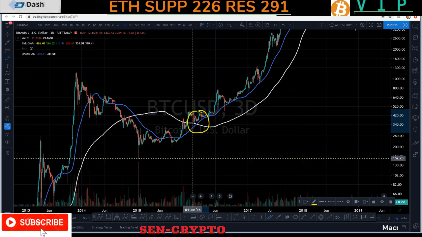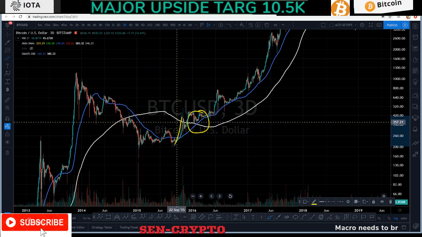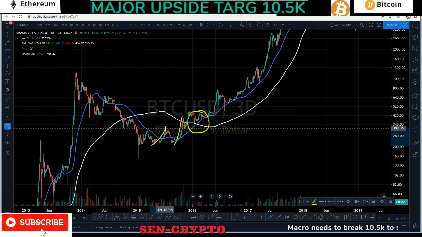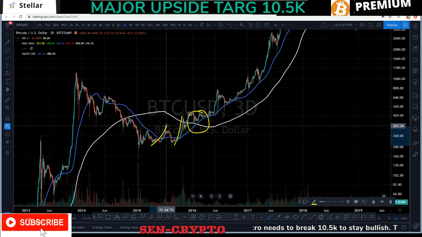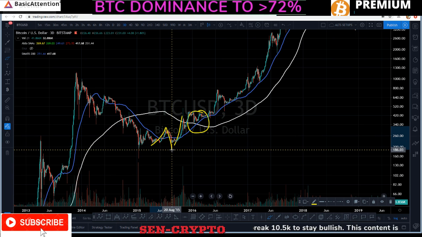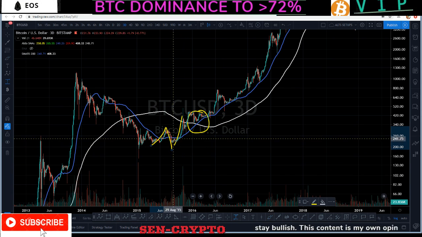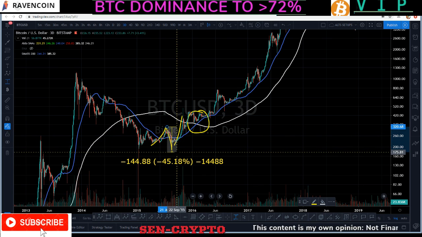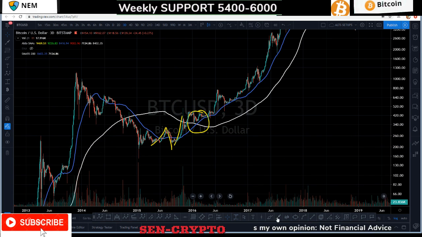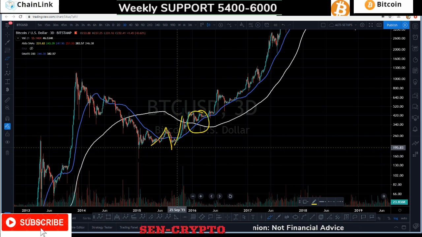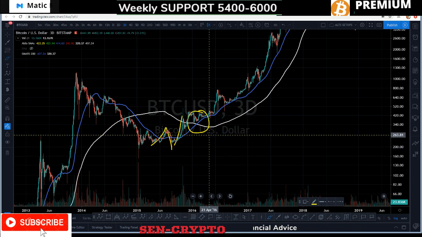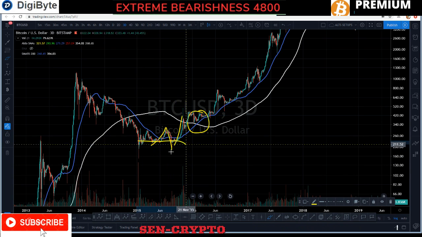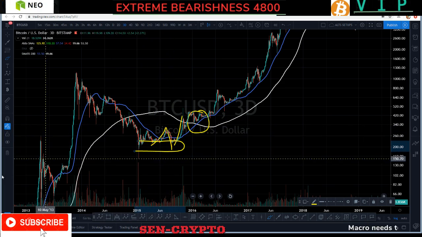That's very important, okay? Even though we pumped to the upside, we got the golden cross right here on the daily, and then we dropped back down almost 40%. But if you just paid attention to the 3 day chart, you wouldn't do anything. You'd just be buying the dip, and you wouldn't worry too much.